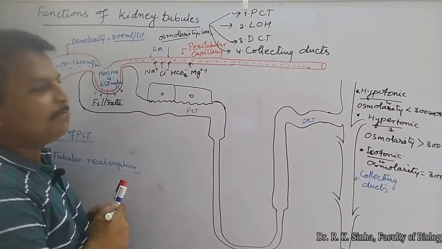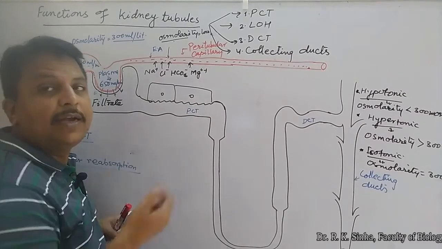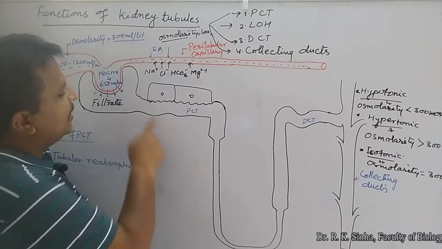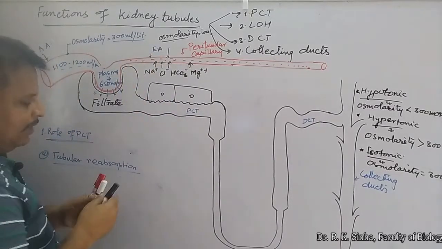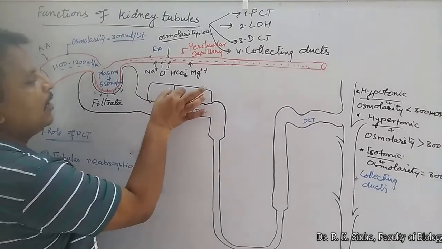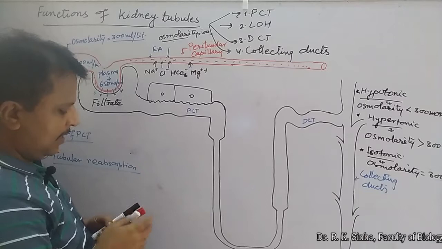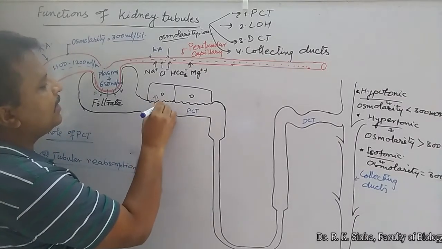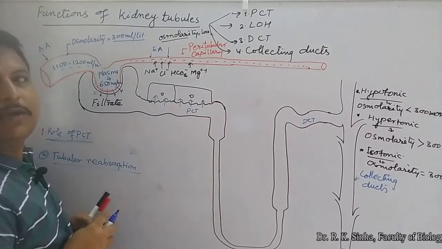Here the concentration of electrolytes will go down, and again the osmolarity will be down. Initially the osmolarity is higher here. These are cuboidal epithelial cells with a brush border, and from this PCT to these cells it will actively reabsorb.